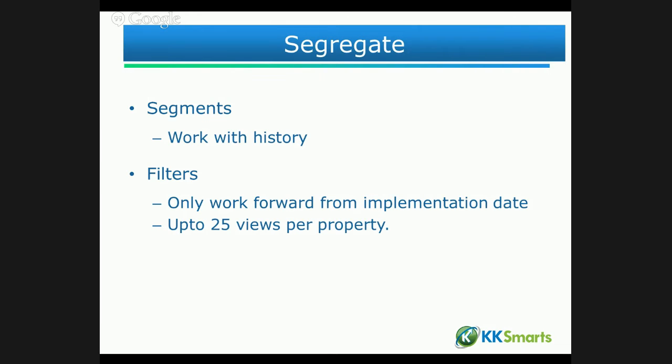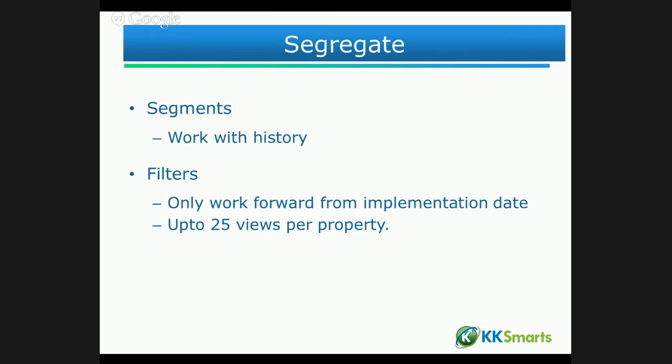So in our example, we might have a view for general users with some appropriate filters, and a different view of the customers, all with their appropriate filters, right? Now, this is very flexible and has lots of benefits. But as I say, you have to plan, because you can't go backwards. You can't look at history and say, well, what would that have been like if I had these filters in place? You have to work out what you're going to do, and then you implement it and you see what happens, right?